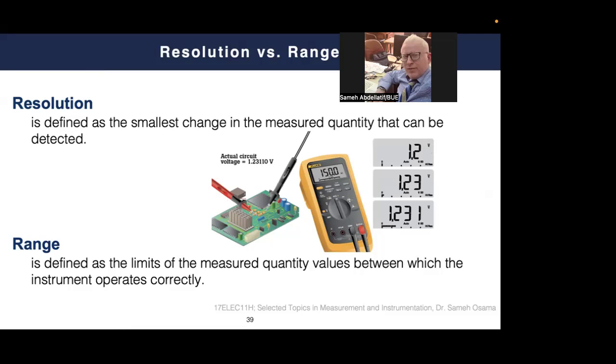And another important thing is the range. So you have to make sure that your readings are within the range. This typically happens when we measure voltages using a multimeter.